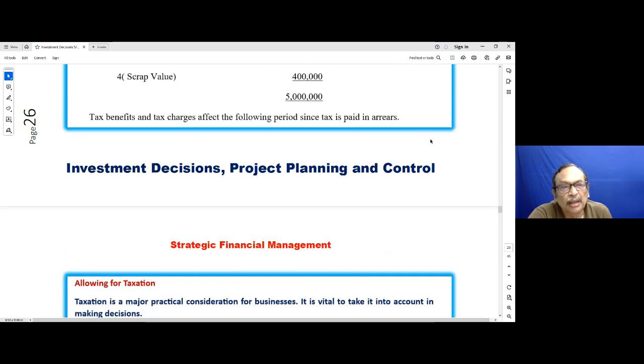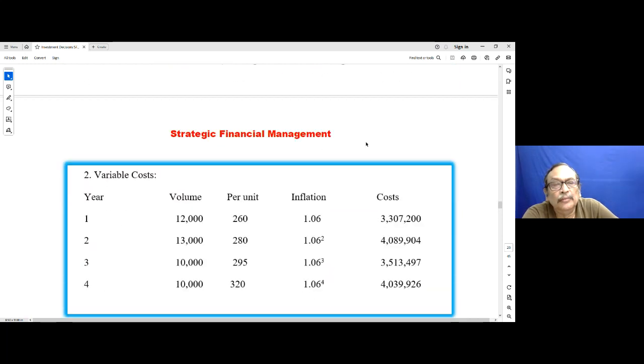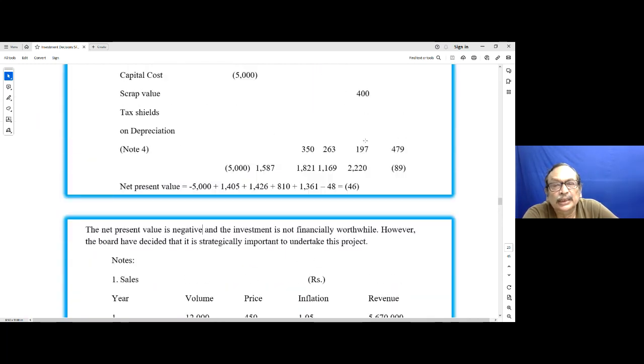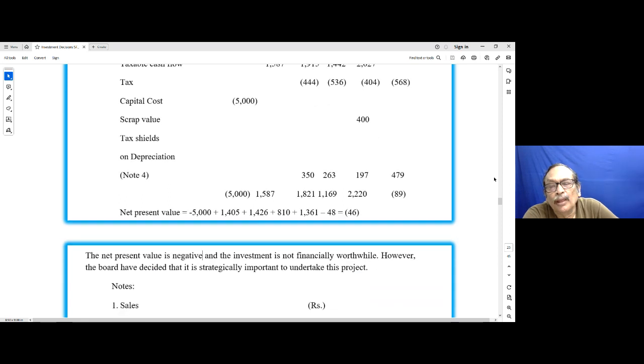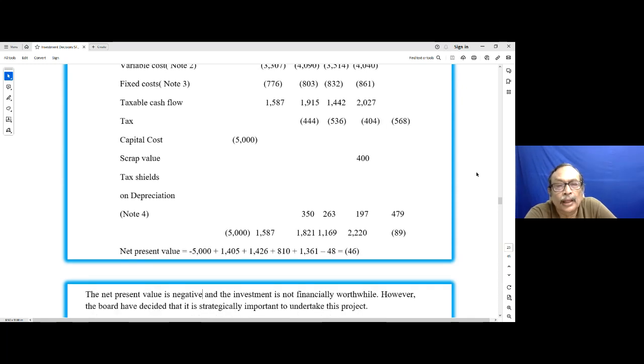So we have calculated this and we are going to put it into the main calculations, that is 350, 263, 197 and 479.